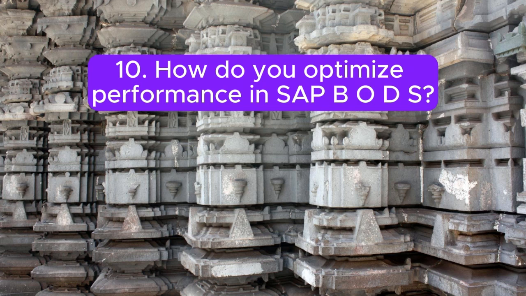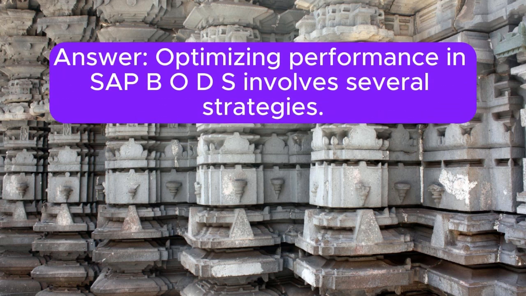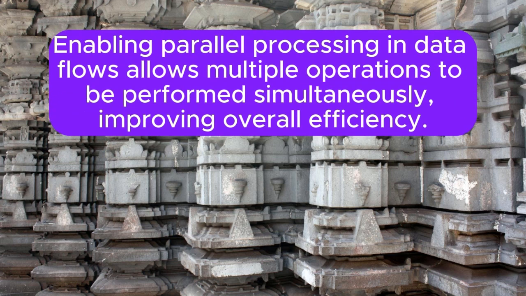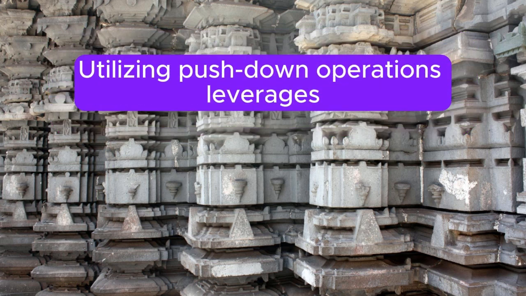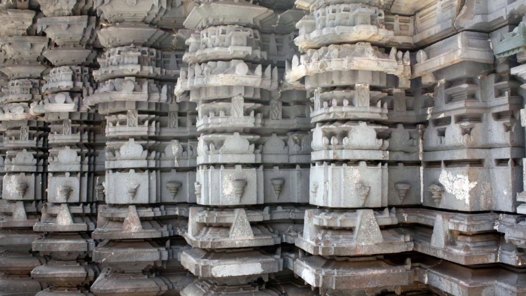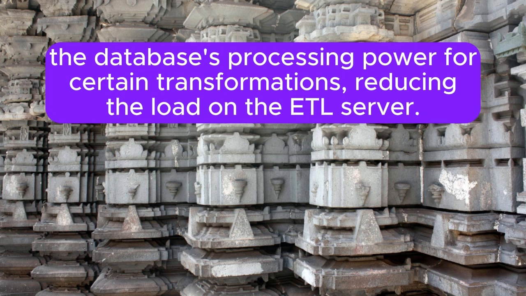10. How do you optimize performance in SAP BODS? Answer. Optimizing performance in SAP BODS involves several strategies. Enabling parallel processing in data flows allows multiple operations to be performed simultaneously, improving overall efficiency. Utilizing push-down operations leverages the database's processing power for certain transformations, reducing the load on the ETL server.